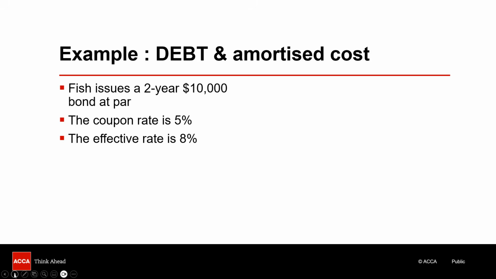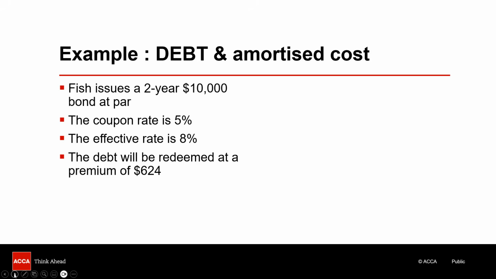Don't worry, this number is given to you. Yeah, we're accountants, we're accounting for what has happened. We're not having to work out the effective rate of interest. So the effective rate is 8%, and that's going to be used to determine the P&L finance cost. Now, finally, in order to make sense of this arrangement, you have to redeem the debenture at a premium.